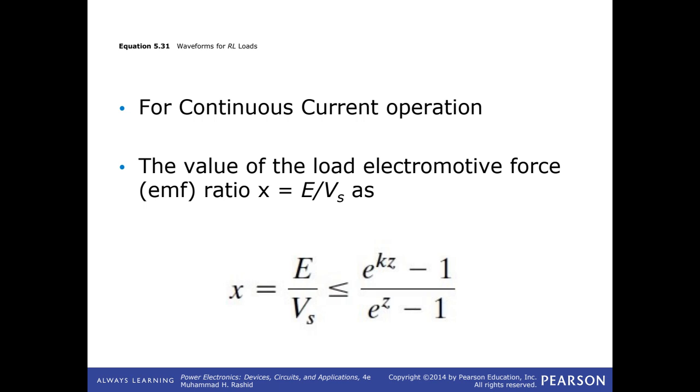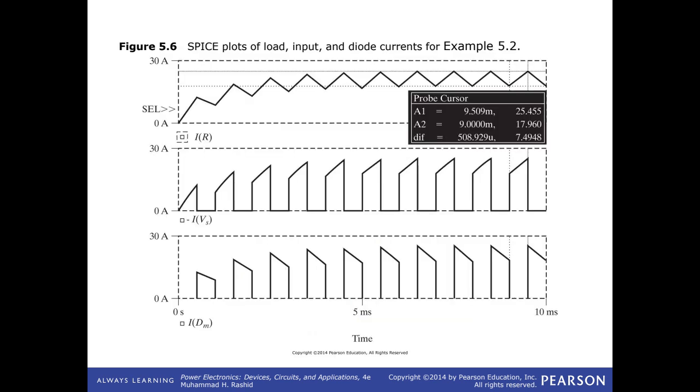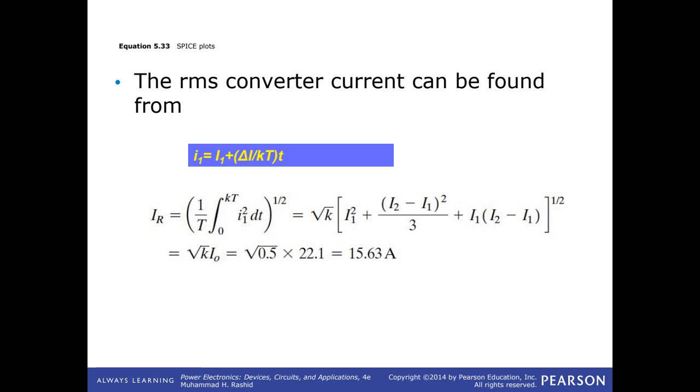And the value of X is also definitive. If E is high, then you have a limit here. So E over Vs should be smaller than this for the continuous current operation. This is what we have already done before. And the RMS current could be calculated.